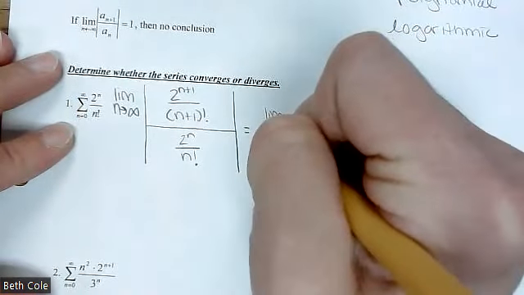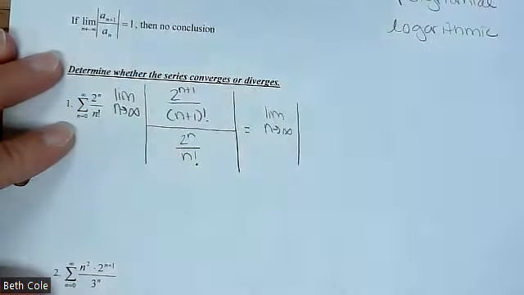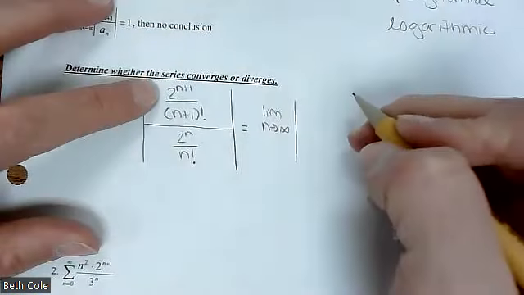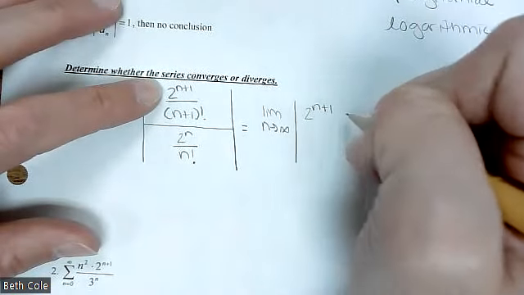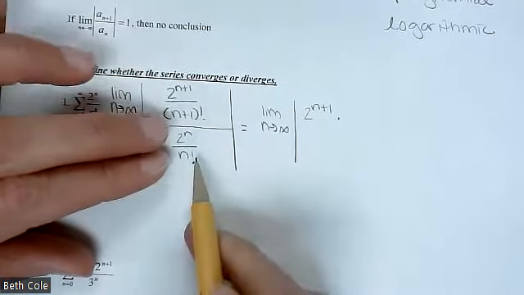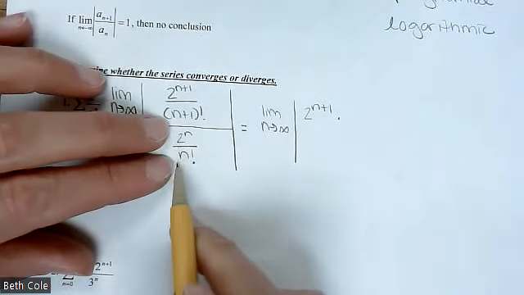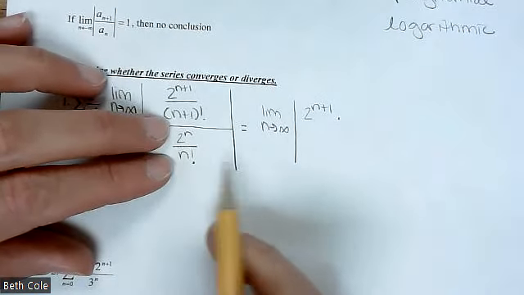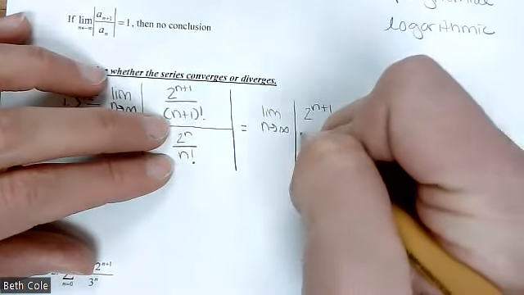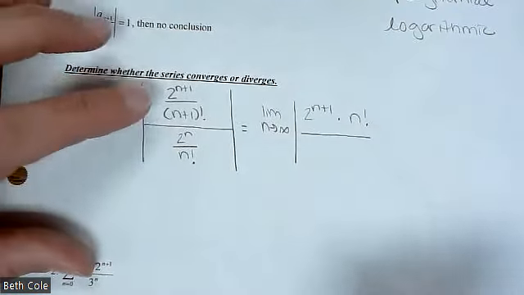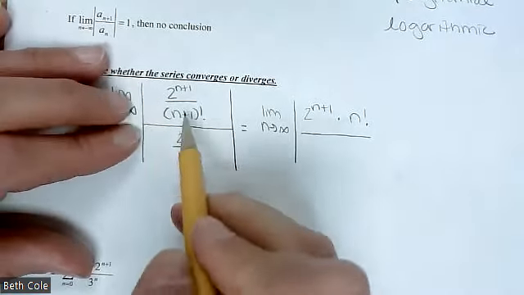So it's going to be limit n goes to infinity, giant absolute value. On the top, you're going to have 2 to the n plus 1. And then because this is going to flip, this n factorial is going to come up to the top. And on the bottom, you're going to have basically the middle stuff.